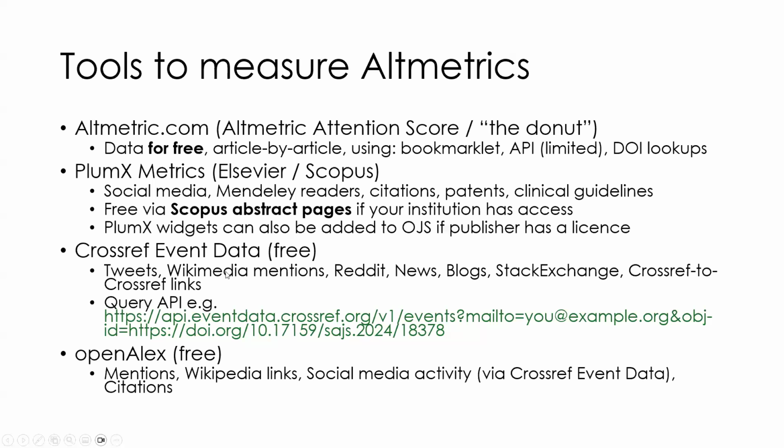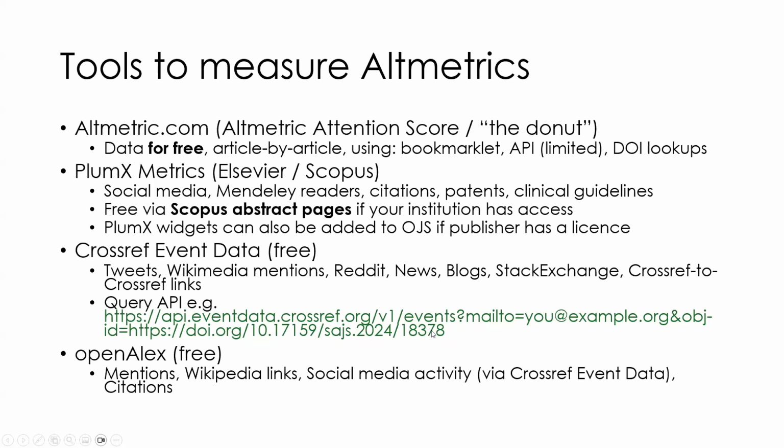Crossref can provide data on tweets, Wikimedia mentions, Reddit, news, blogs, Stack Exchange links, which is of course available free of charge if you're a Crossref member. And this is the API call you can typically do for a journal, but only on article level.